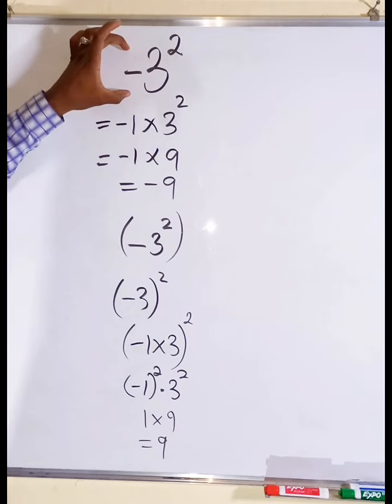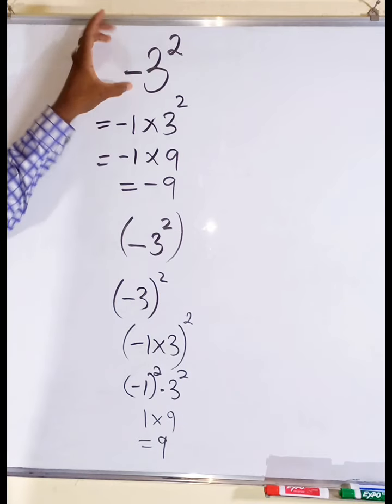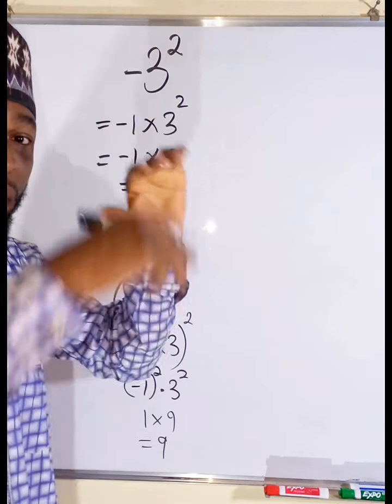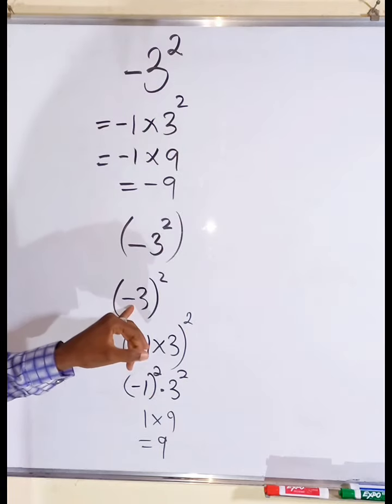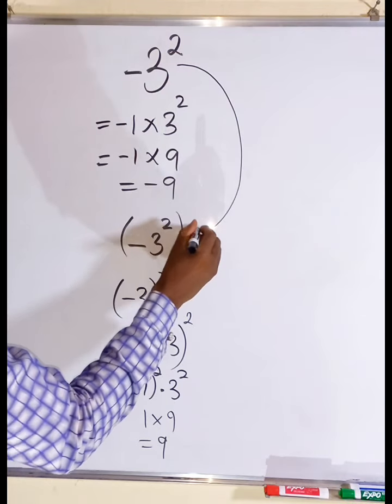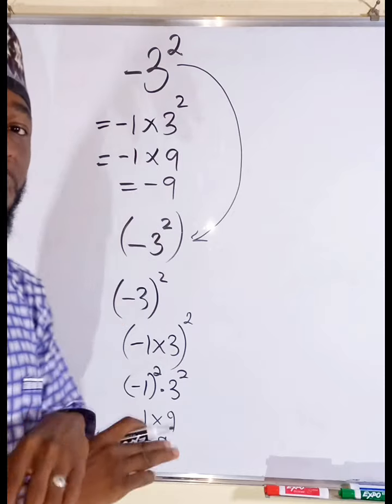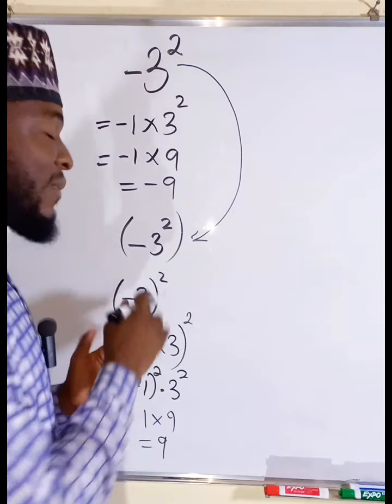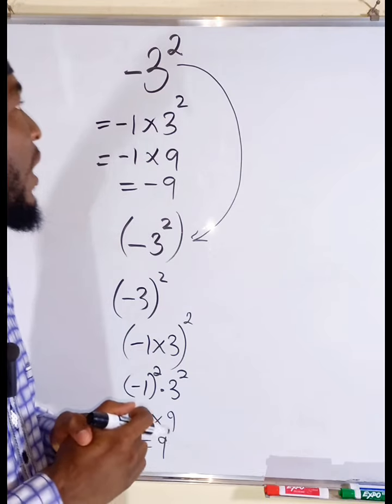But when you have something just like this, you should not consider this as (negative 3) to the power of 2. They are not the same. But this one and this one, they mean the same thing because this parenthesis is useless here. It has no effect on this negative 3 to the power of 2.